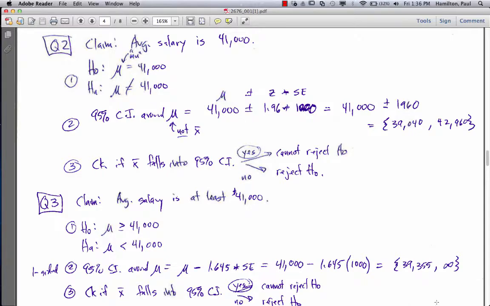So here are some examples. Usually a hypothesis starts with a claim from outside the data set. So someone claims, maybe at Asbury, that the average Asbury grad starting salary is $41,000. They may have based that on past data or experience, or just a sense from talking to people. So then we want to come back with a new data set and test that.